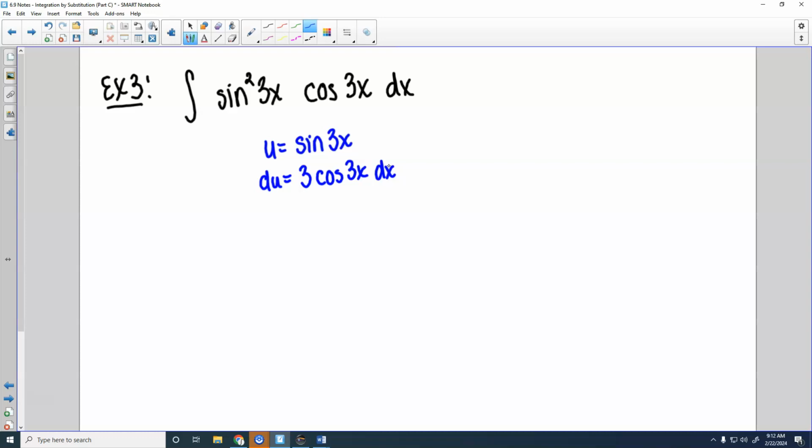Okay, so we almost have our du. We just need a 3 with it. So we got to multiply by 1/3 out front. So this stuff right here is my u. It's being squared. And then this stuff right here is my du.